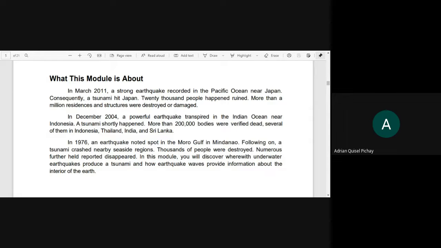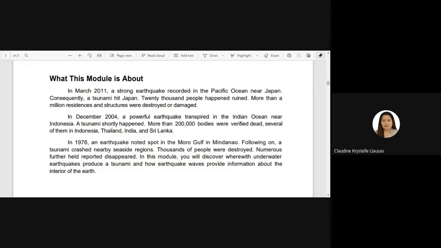Adrian: In March 2011, a strong earthquake was recorded in the Pacific Ocean near Japan. Consequently, a tsunami hit Japan. About 20,000 people died, and more than a million residents and structures were destroyed or damaged.